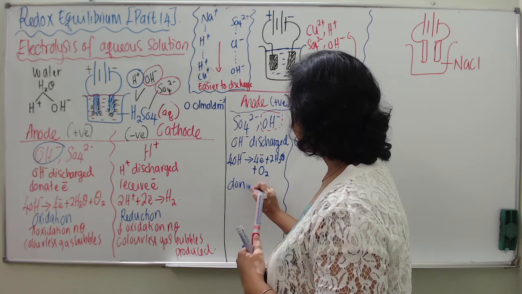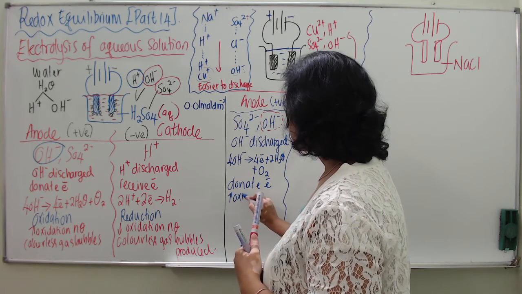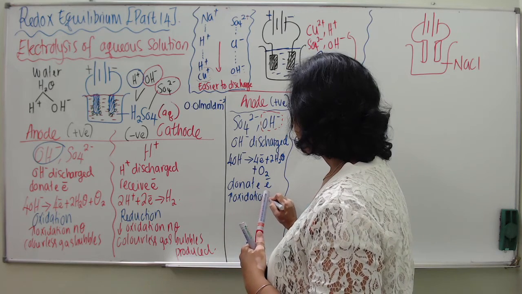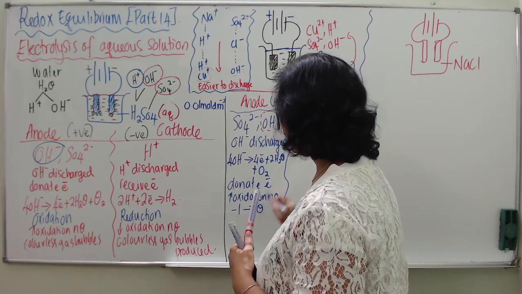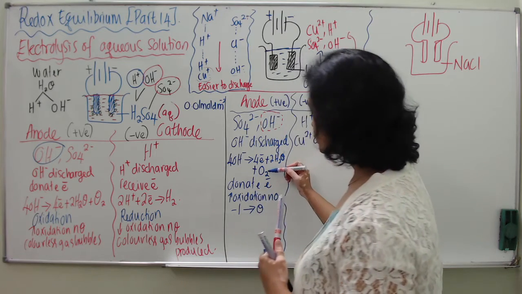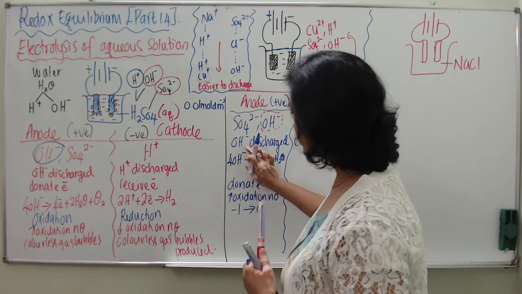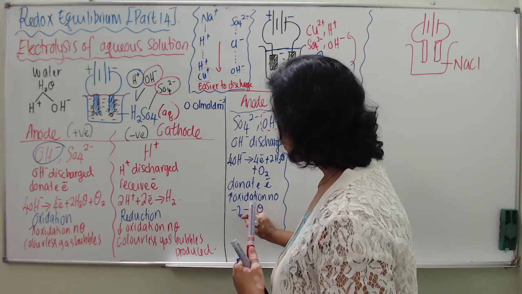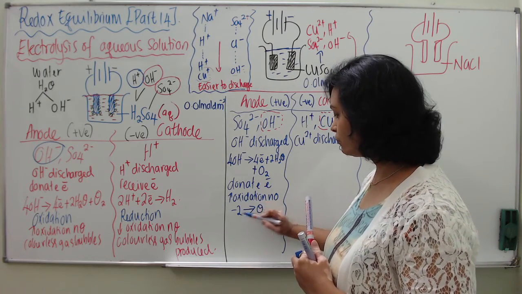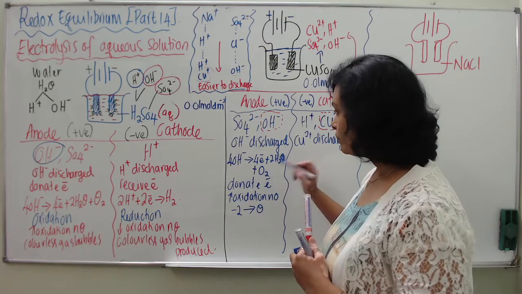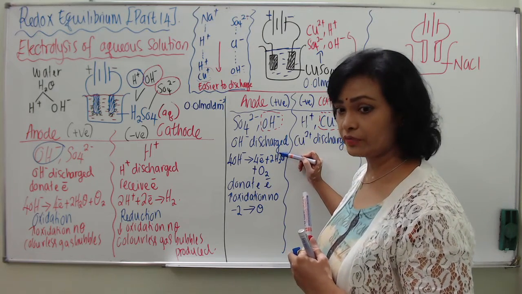So donating electrons increases oxidation number, from -1 going to 0. Especially oxygen, the oxide ion, because hydrogen is still okay. So we can say that the oxide ion goes through oxidation from -2 to 0. Please remember, hydroxide ion will still stay as negative ion.